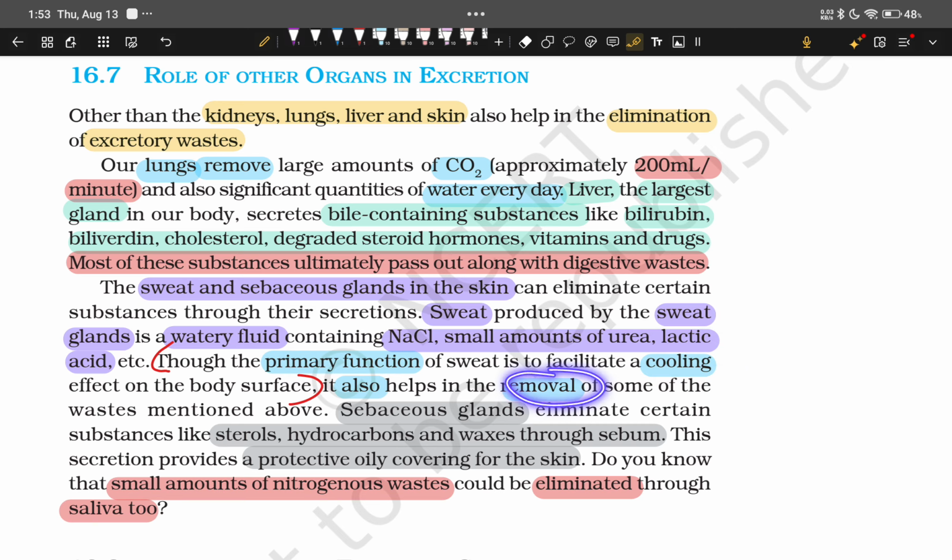Along with that, there's also removal of waste, which I mentioned, like NaCl, or urea in small amounts, or lactic acid. All of these are removed together with sweat, but the main purpose of sweat, its primary function, was cooling.